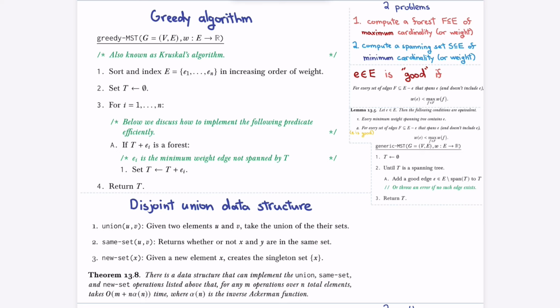Now this data structure is spectacularly fast. If you're doing M same set queries and N unions, you're going to do at most N unions, because then they'll all be together.